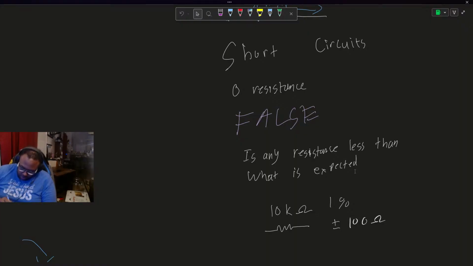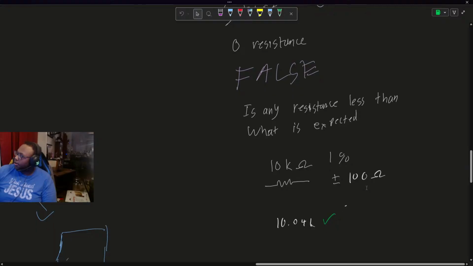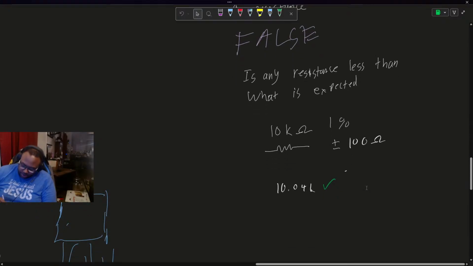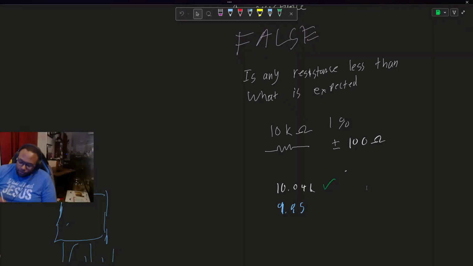this is a good resistor. 10.04K, good resistor. If I have a resistor that's reading 9.95K, this is also a good resistor. But if I come to the point in the circuit where I have 4K, that's not good.